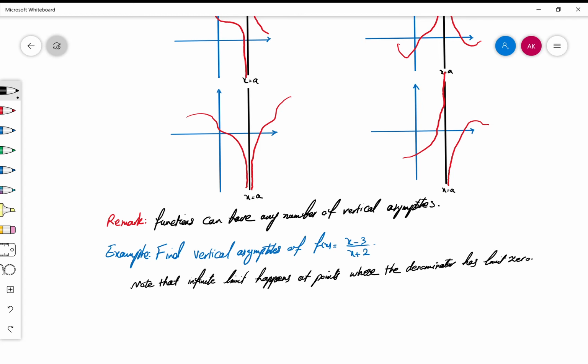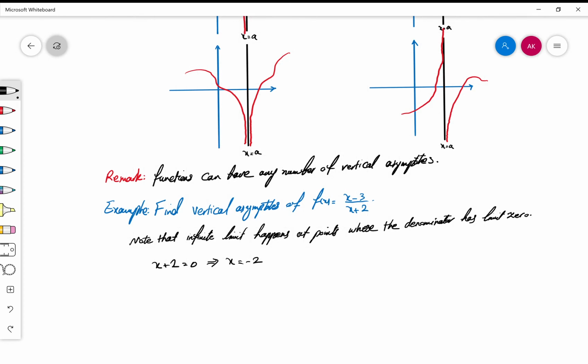But the denominator is x plus 2. It has limit 0 if and only if the function is 0 at that point. So we set the denominator to 0, and from there we find that x equal to -2 is a candidate for vertical asymptote.